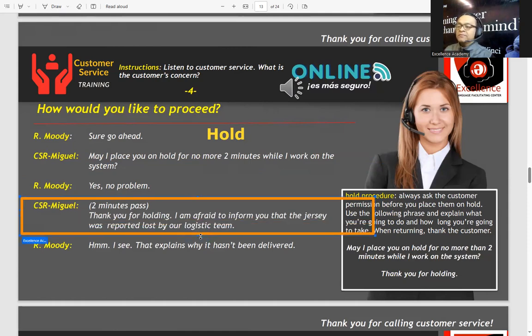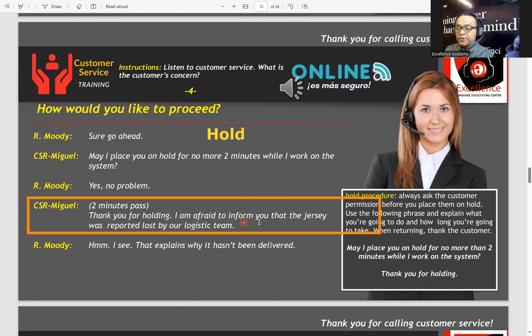And then he informs the customer of the situation. He says, I am afraid to inform you that the jersey was reported lost by our logistics team. So the phrase, I am afraid, does not mean here that you're scared, it means I'm sorry. It's a way of saying, I'm sorry to inform you.